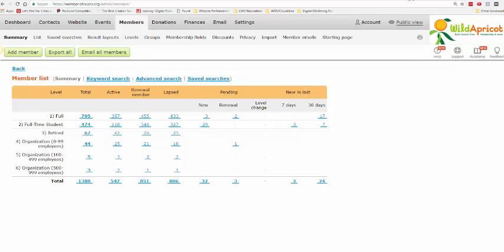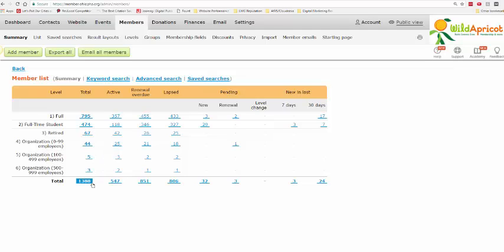Let's see. And then I'll wrap up with a look at the membership summary. It looks like we have a total of 1,388 members, full-time 795, full members, full-time students 474, and retired 67.